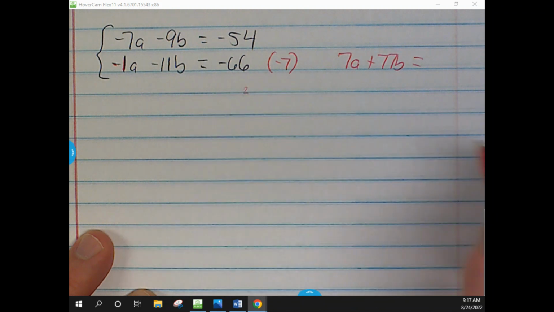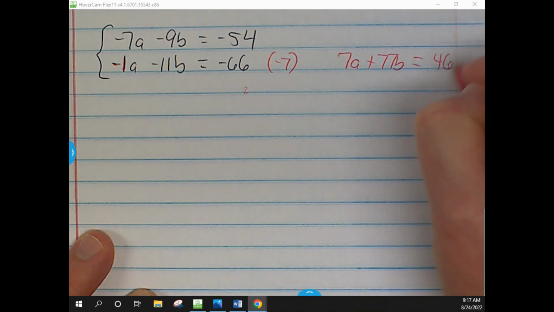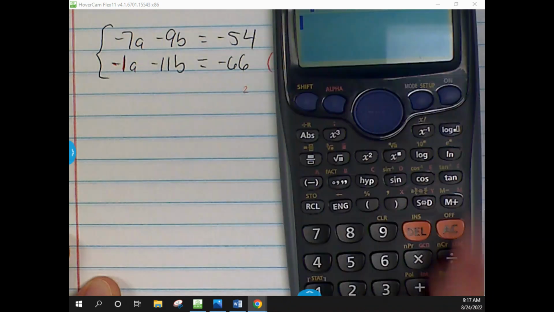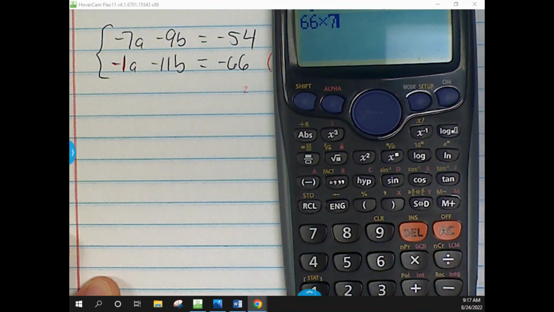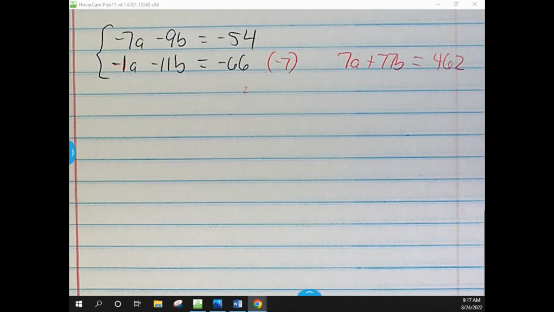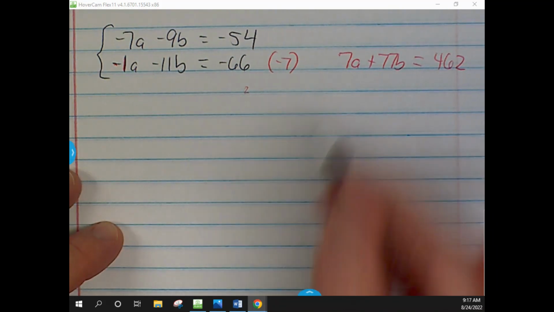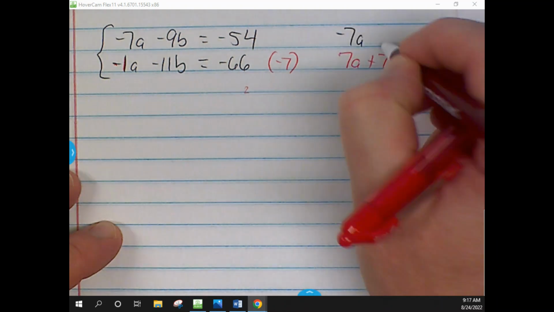We're going to add a 4. That's going to be 462. And if you're not sure, take out your handy dandy calculator, just double check it. There we go, 462. Okay, so we're good there. All right, and then the top part, we didn't change it. We left it just like it was.